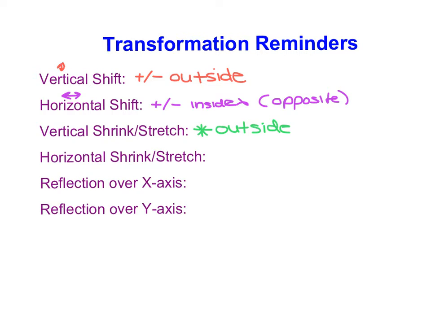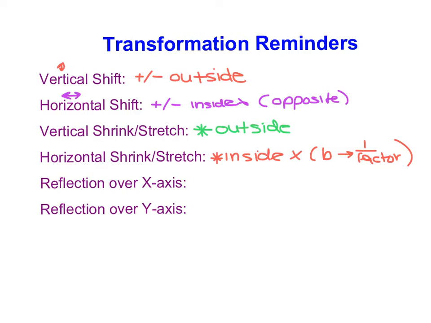Then our horizontal stretches and shrinks, remember we're going to multiply the inside. So this is wherever x is, and we have to calculate our b value, which is going to be 1 over whatever our factor is, which remember is really just the reciprocal. So we can just flip that fraction right on over.